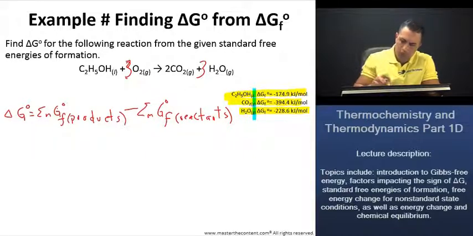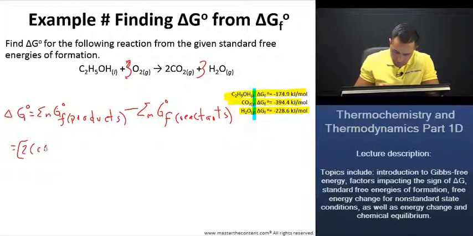Great. Let's actually go ahead now and expand on our equation here a little. I'll shift it towards the right just so we have a little bit more room as we work through this. Looking first at our products, we have 2 moles of carbon dioxide here, right? Wonderful.